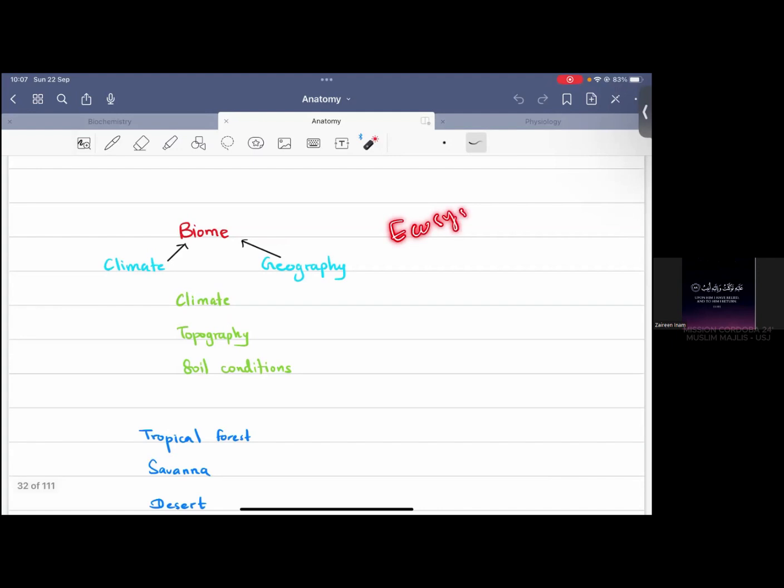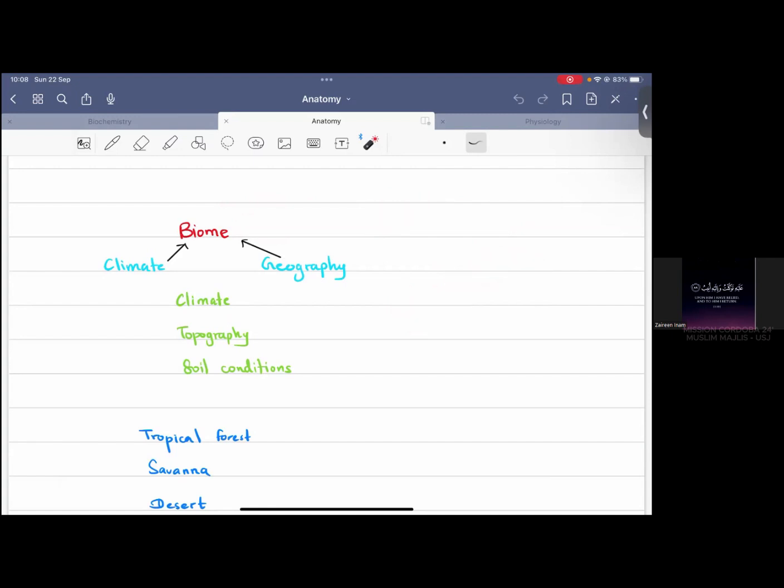Many ecosystems will be there in a biome, or else one ecosystem will be modified into a biome. It can be either way. Usually we say there are many ecosystems in a biome, but the biome does not come in the organizational level.